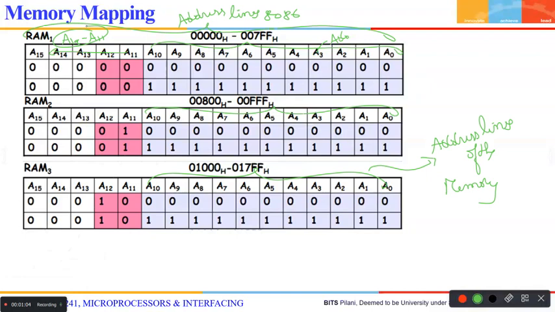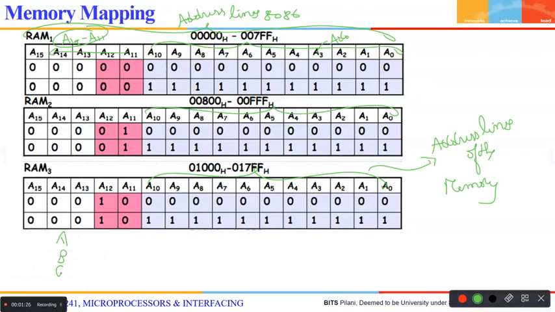Now, how do you select the inputs to the decoder logic? I have told you that the inputs A, B, C to the decoder logic differentiate your RAM 1, RAM 2 and RAM 3.